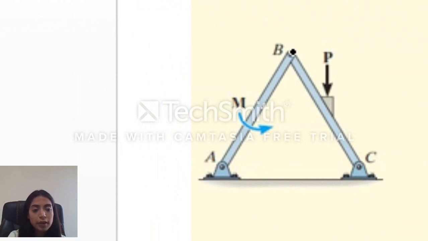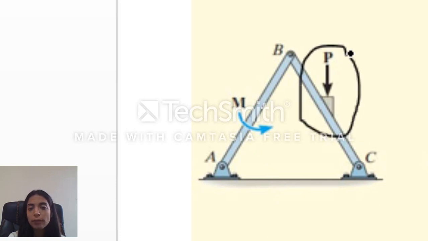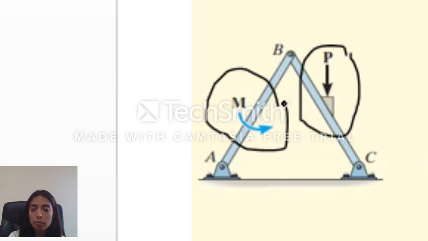First, member BC is subjected to this external force P that is applied neither on B nor on C, which means this member could not be a two-force member. And member AB has an external moment M, which means also that this member cannot be a two-force member. So this is basically a frame.